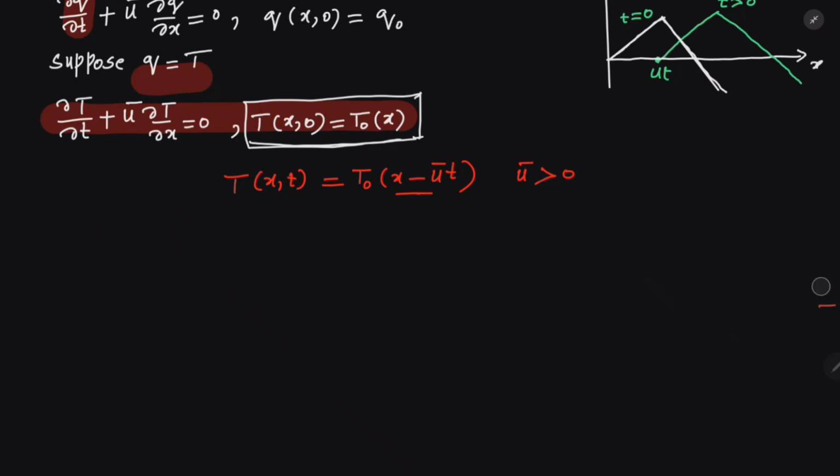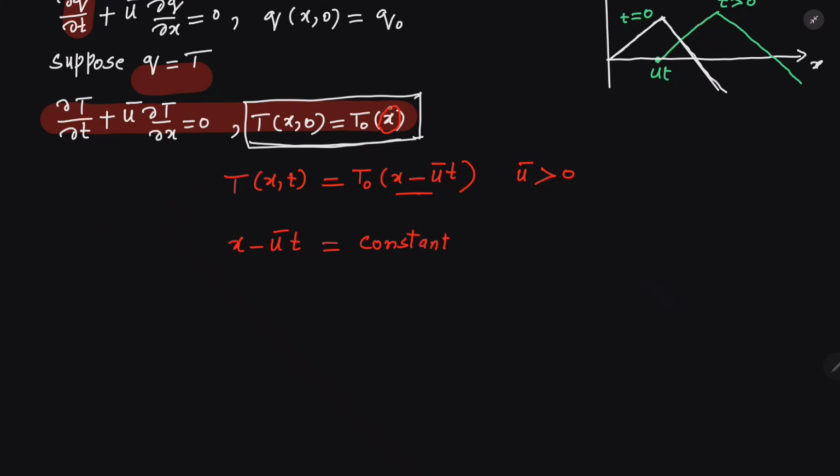Now, where do characteristics come from, and what is the meaning of characteristics? If this quantity does not change, and it just translates towards any direction depending on u bar, which is the speed of the flow, then x minus u bar t remains constant.